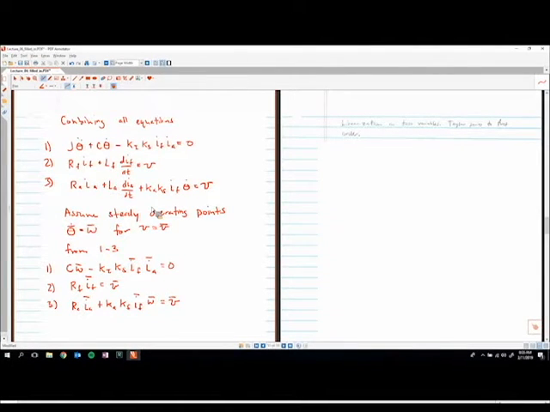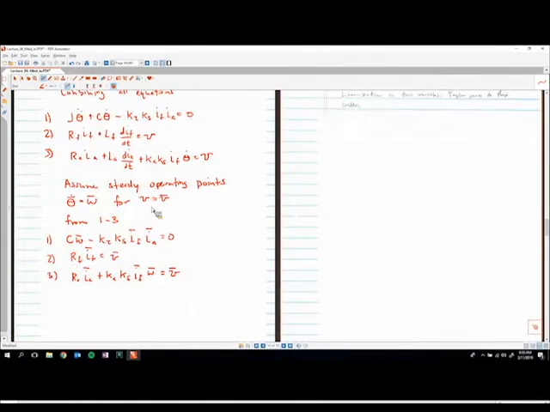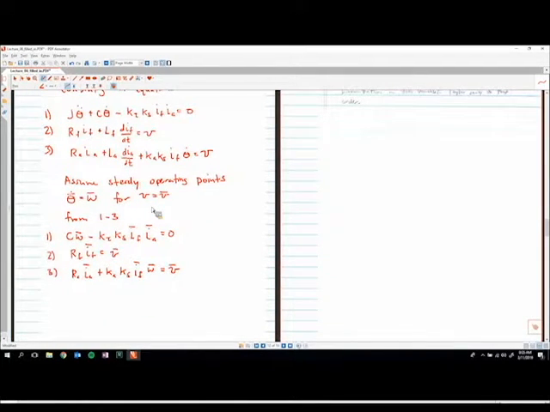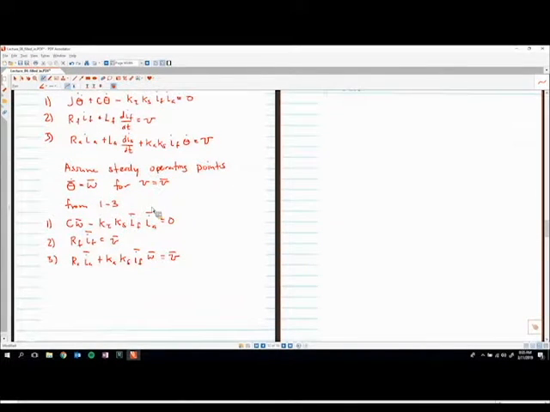Okay. So we have these static relationships here. We can also write down our whole chain of operating points. We have an operating point for the velocity, which we said is equal to omega bar plus omega hat.